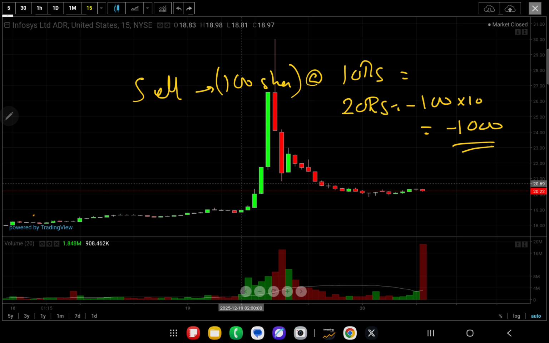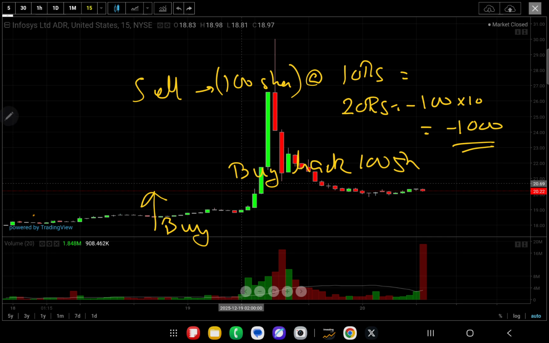If you don't have the money, the only option is to go and buy back these 100 shares. And when you put the order for buying the share, it will further increase the pressure on the stock on the upside, because your additional buy requirement comes on the stock, which leads to a higher stock price, because you will be forced to buy at higher prices to close the position.